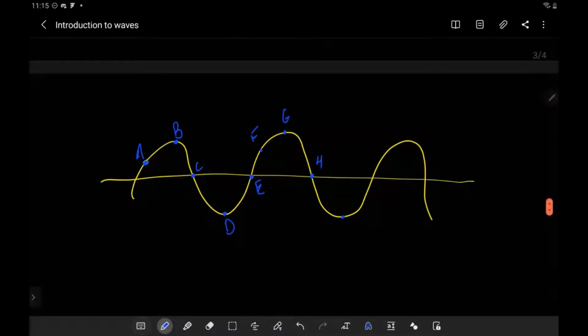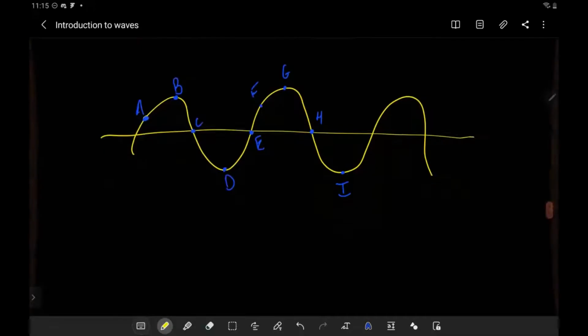So let's define wavelength now. This says exactly what it is.